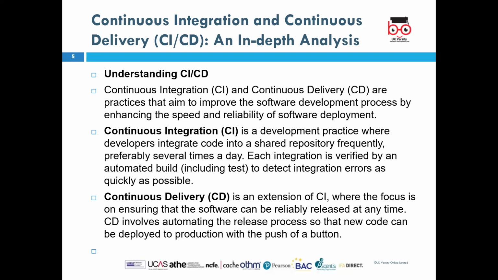With continuous integration, what happens is a development practice where developers integrate code into a shared repository. By shared repository, we're talking about a version control system, and this is done through Git.